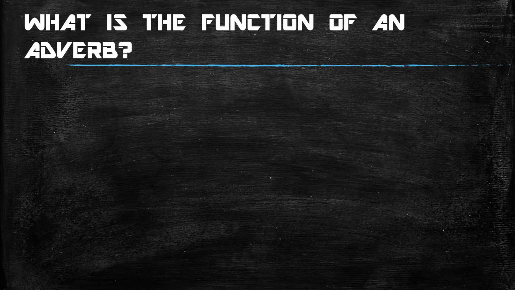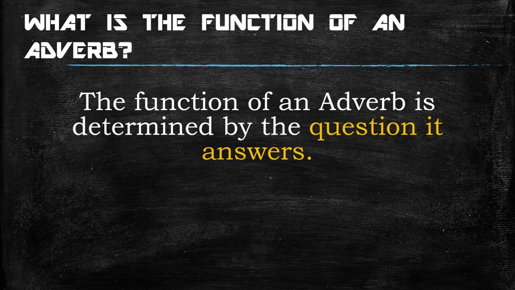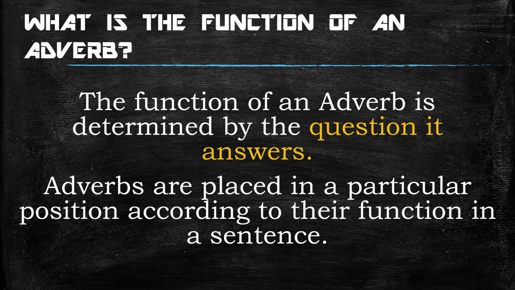What is the function of an adverb? The function of an adverb is determined by the question it answers. Adverbs are placed in a particular position according to their function in a sentence.